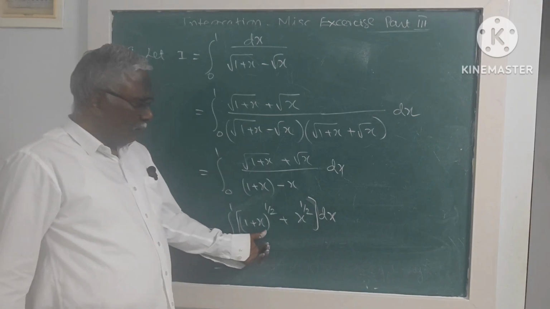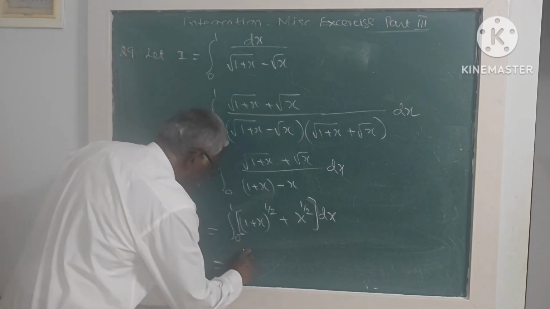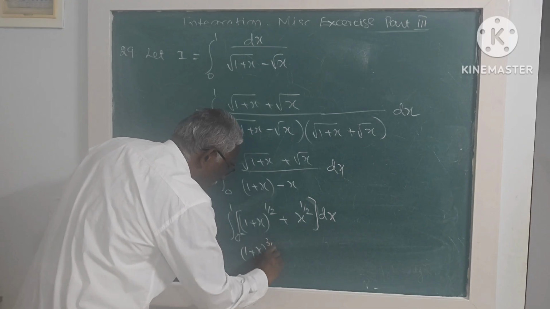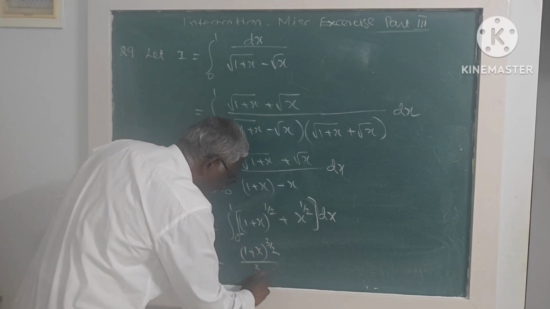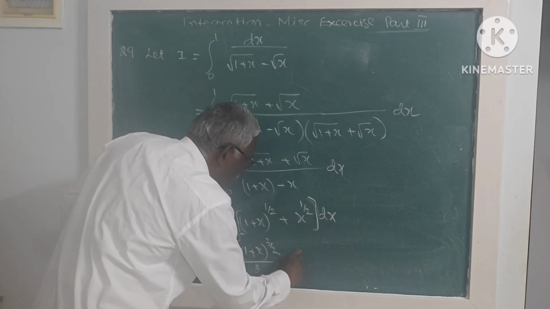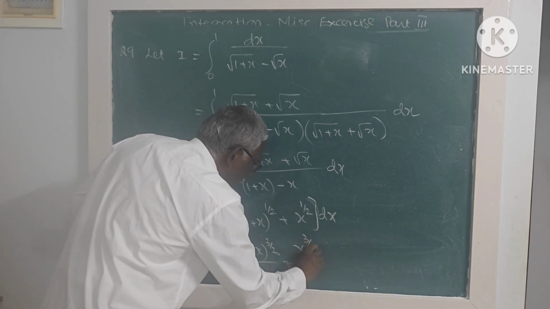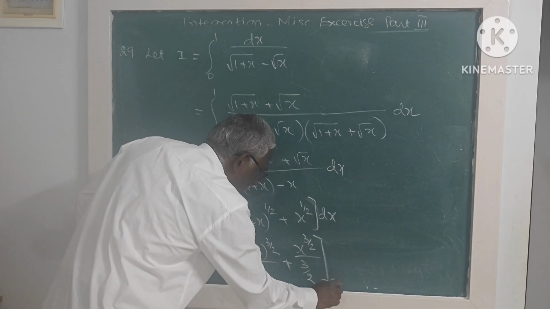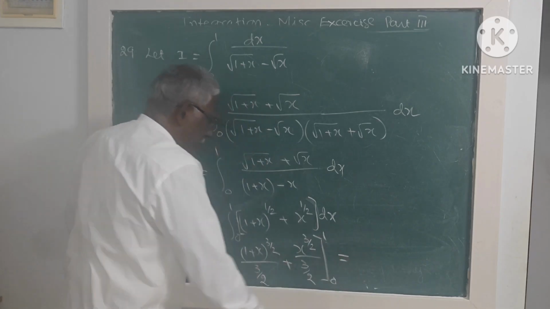Now if we integrate, what will come? 1 plus x power 3 by 2 by 3 by 2 plus x power 3 by 2 by 3 by 2, from 0 to 1.